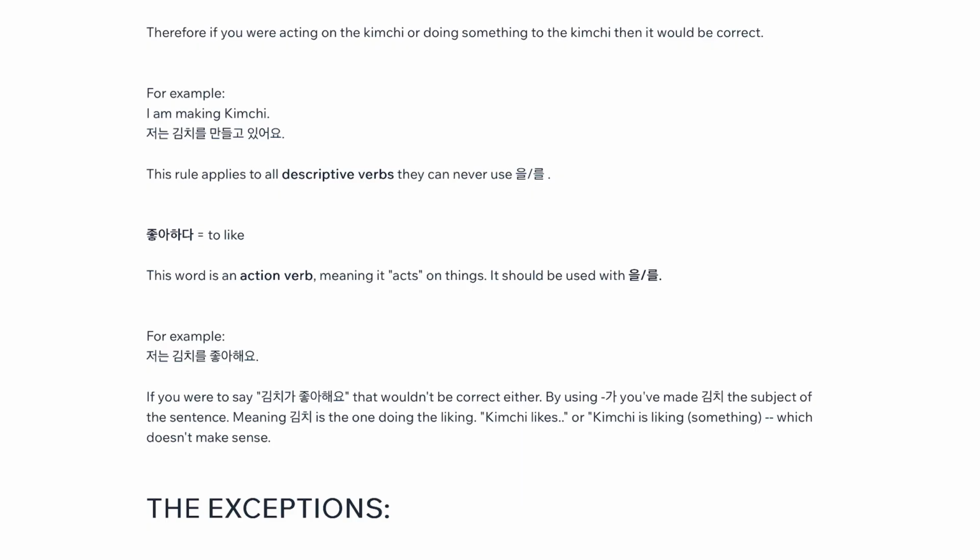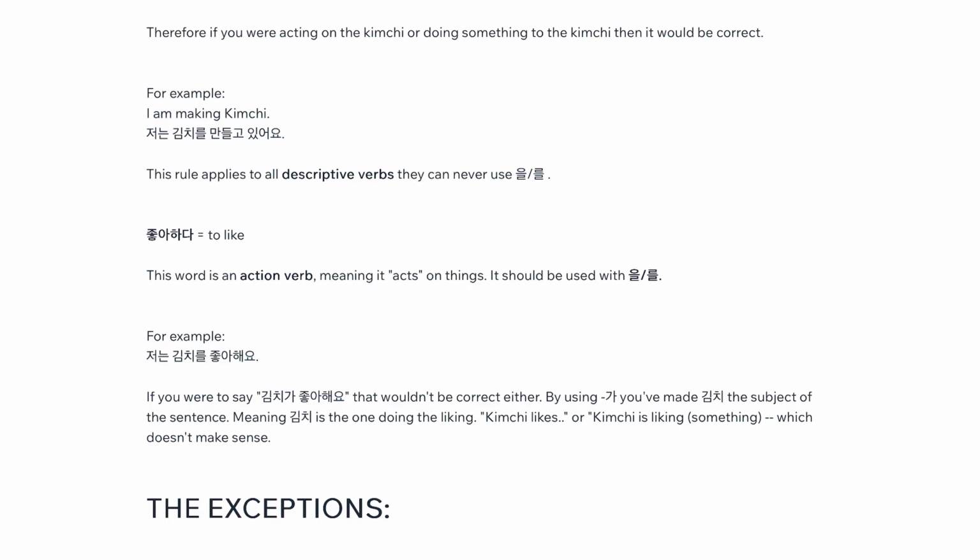So with action verbs, we usually use, not even going to say usually, we use 을 and 를. So if I like kimchi, my liking of it is acting on it, affecting it. 김치를 좋아해요. 저는 김치를 좋아해요. I like kimchi. More than that kimchi is good, I like it.